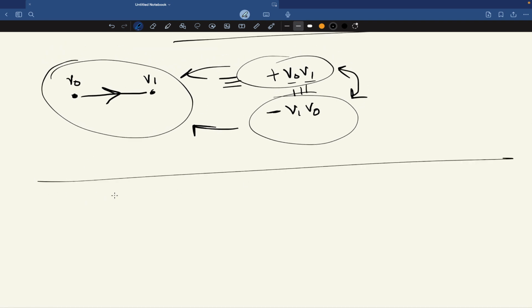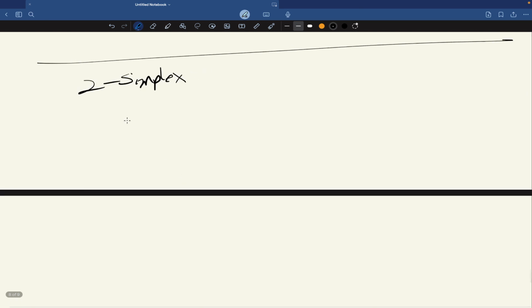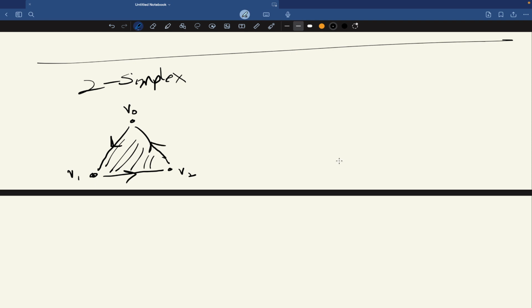Let's take an example of two simplex. In case of two simplex, we can have something like this, V0, V1, V2. And let's say the direction is from V0 to V1, V1 to V2, and then V2 to V0. This depends on the structure of your simplex, what direction you have chosen.